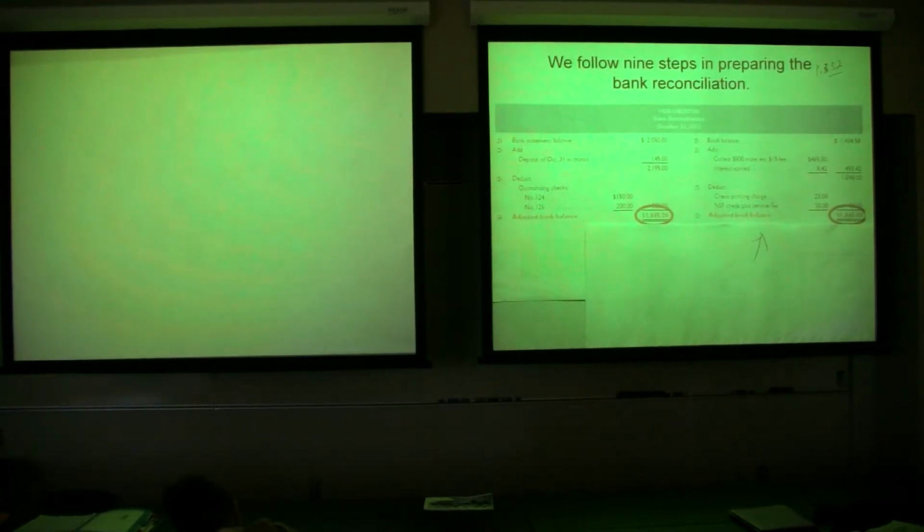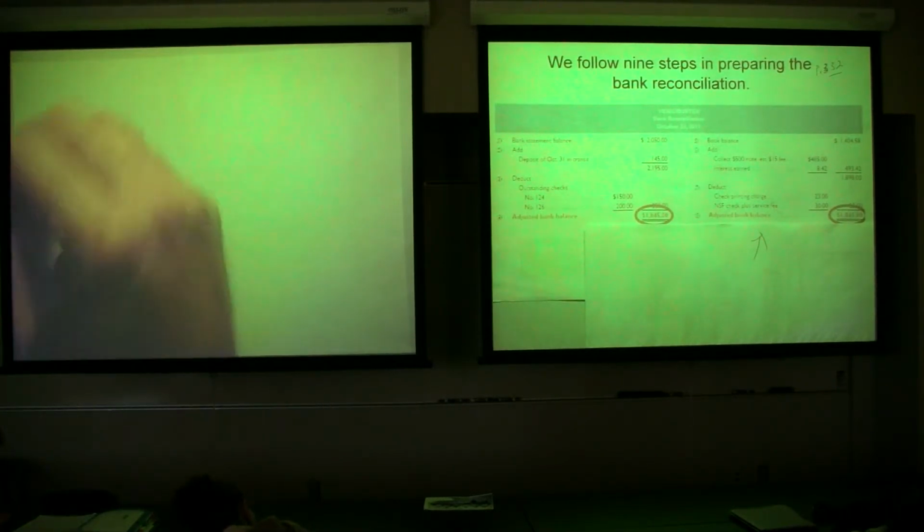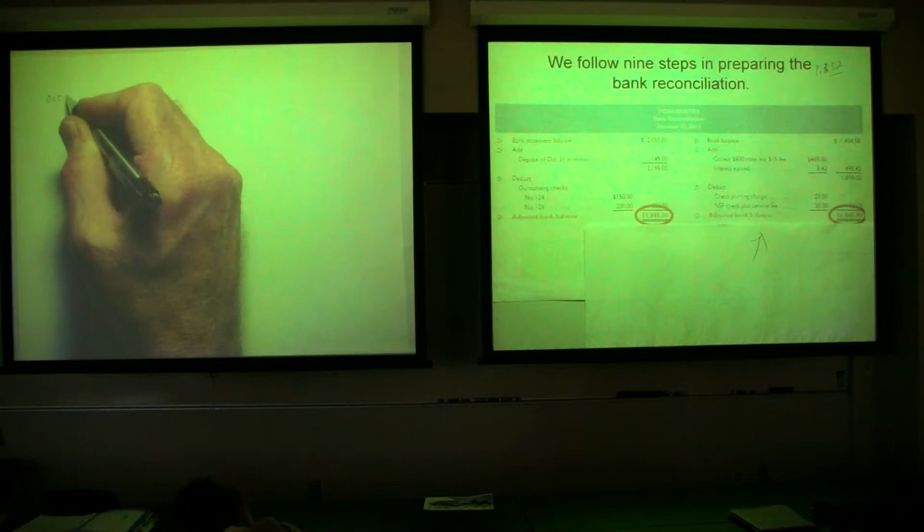Tuesday, yep. Sounds good. So in the first one, this $485 note, here's how you journalize it. You were notified of these things when you got the bank statement, and now you need to put them in your bookkeeping system. You were notified on October 31.